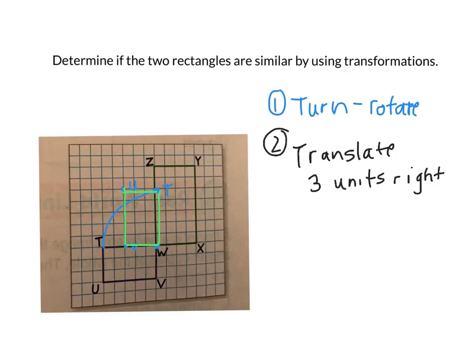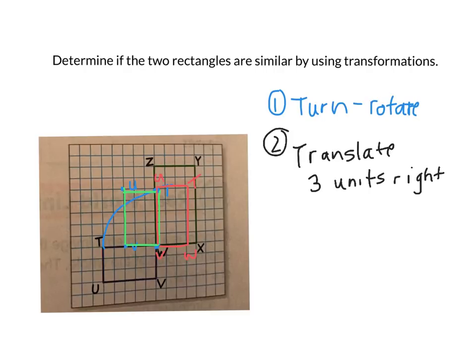All I'm doing is sliding this rectangle 3 units to the right. 1, 2, 3. So now, here is my rectangle. I've got point W here of this rectangle. V matches up with W here.